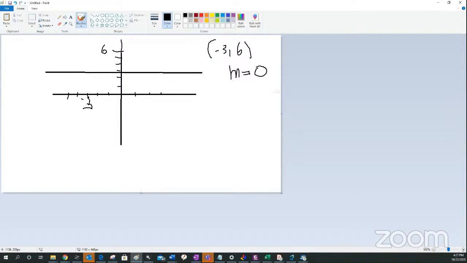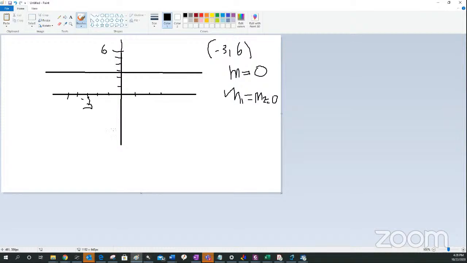We all know that lines are parallel if slope 1 and slope 2 are equal. So slope 1 equals slope 2 equals 0, because it's parallel to the x-axis.